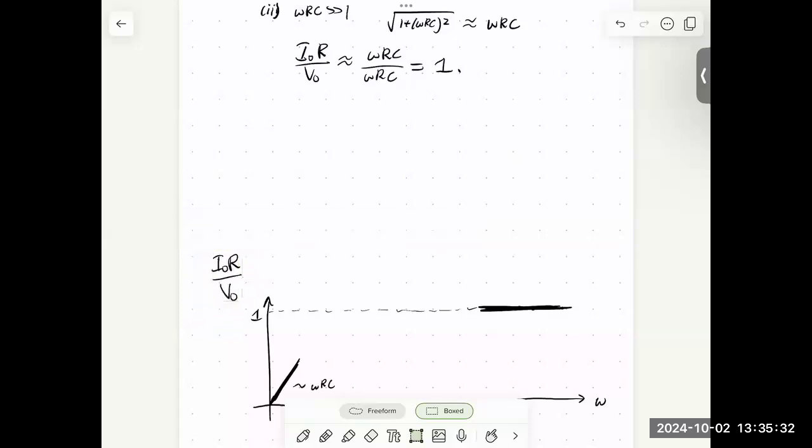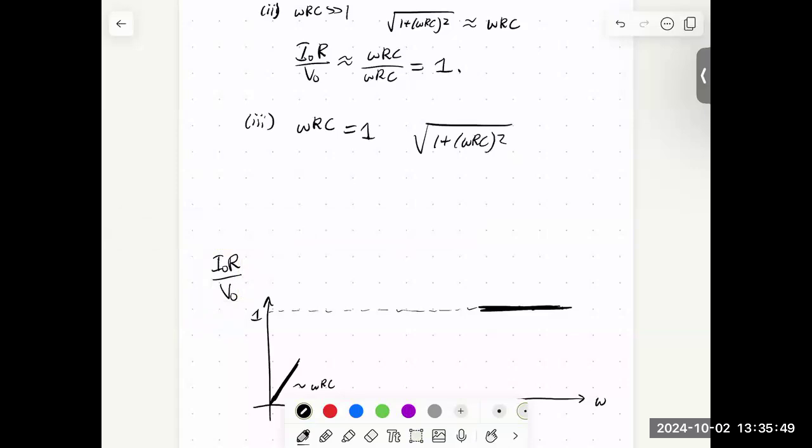Okay. Good. So the third special case was omega RC is equal to 1. In this case, we're going to get the square root of 1 plus omega RC squared. Well, if omega RC is equal to 1, then we have 1 plus 1, and so that's going to be root 2.